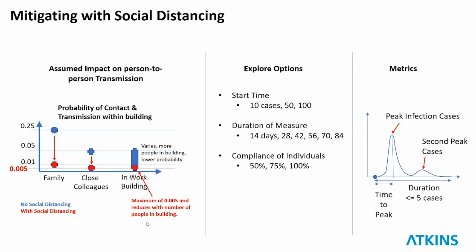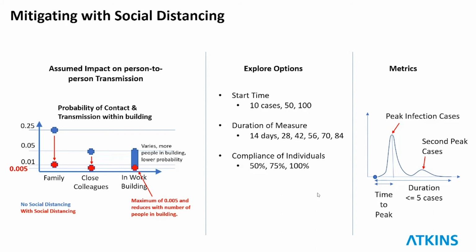We basically assume that the probability of contact and transmission drops significantly if social distancing is being performed by the population. The options we explored were the start time. So when do you start it after you've discovered 10 cases, 50 cases, 100 cases? The duration of the measure. So how long do you apply social distancing?